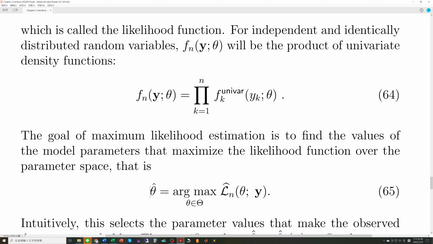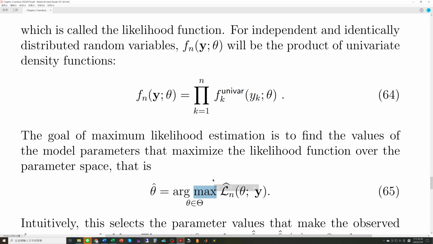When we write a hat above a letter or a symbol, it denotes the estimation of the symbol. Theta hat is equal to arg max. What is arg max? It is the abbreviation of argument maximize.